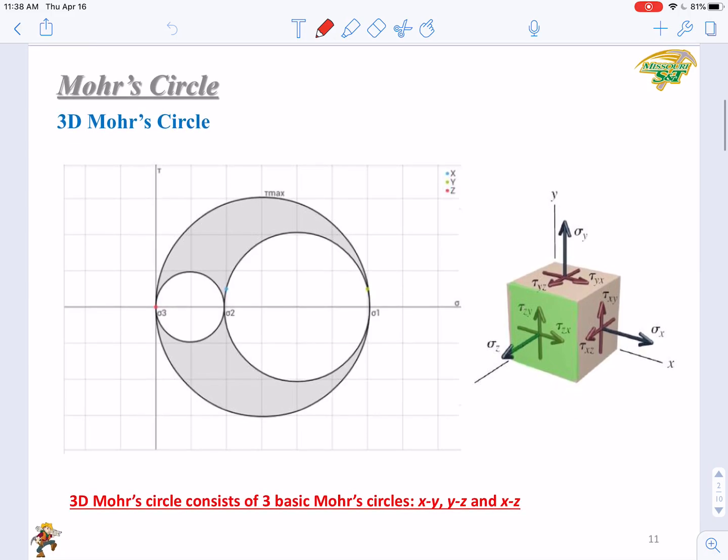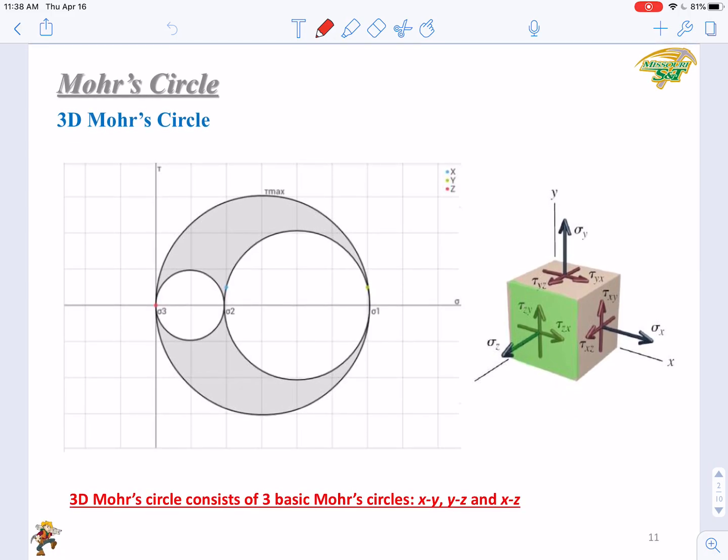So to solve this type of problem, we need to use three-dimensional Mohr circle, okay, which is composed of 3 basic Mohr circles. Okay, so in this case, you can see that you have a 3-dimensional stress element.